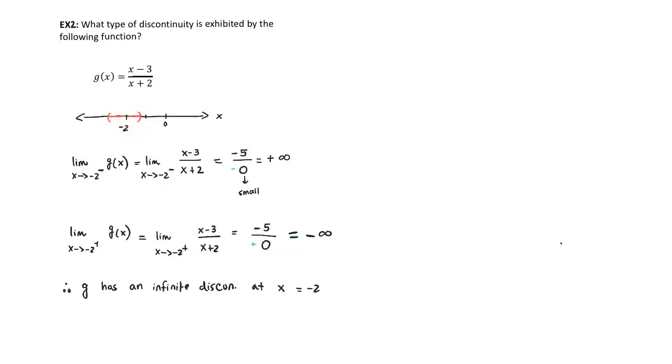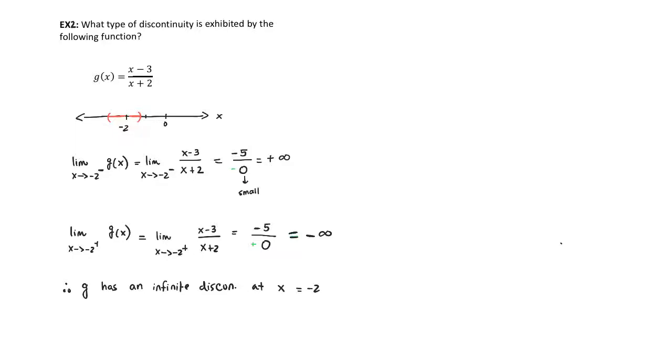And as I said before, I didn't have to analyze both limits. I only needed one. Just the first limit was enough to declare an infinite discontinuity, but I wanted to practice a little bit more with you.